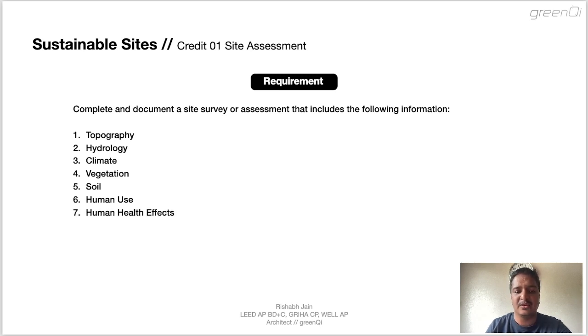And the last is human health effect assessment, which covers proximity of vulnerable population, adjacent physical activity opportunities, proximity to major sources of air pollution, such as a factory near your site or some treatment plant or something. So you need to be aware of all these things.